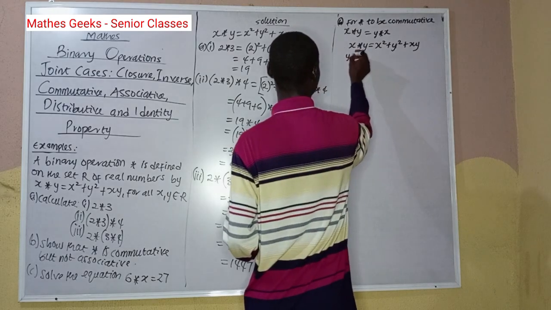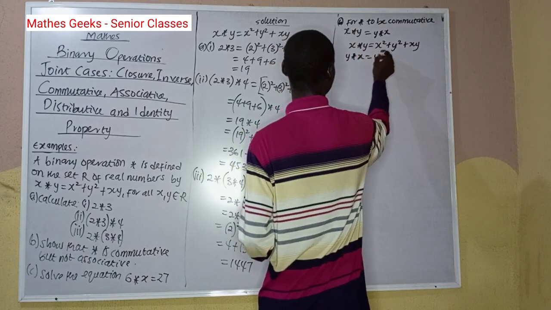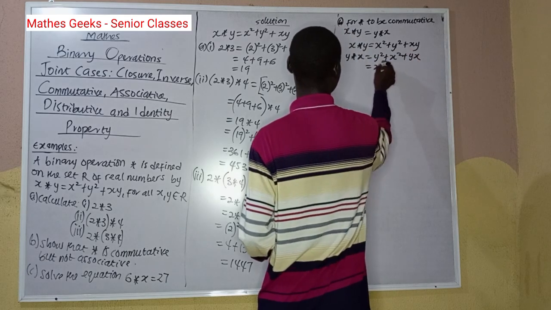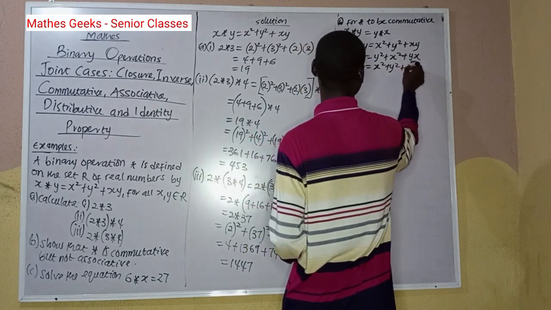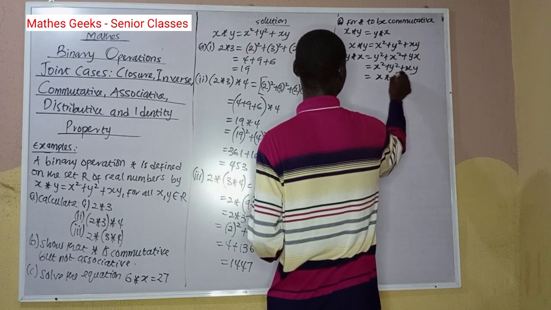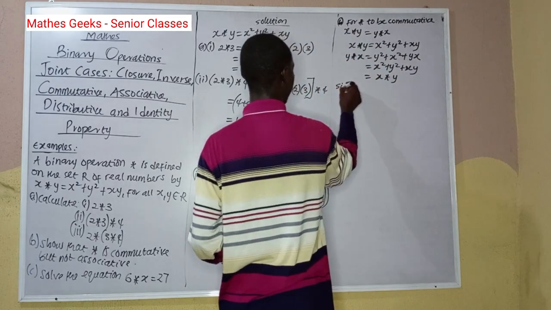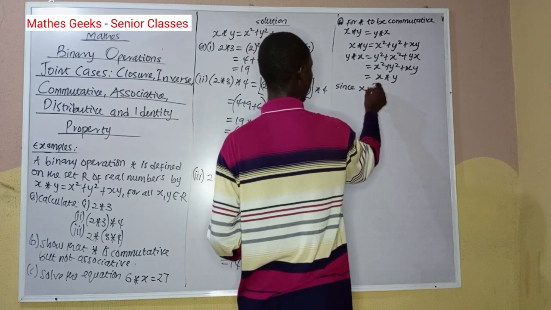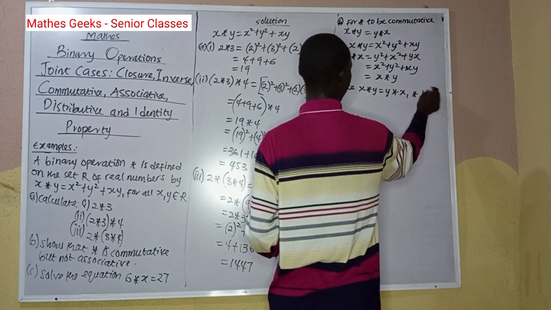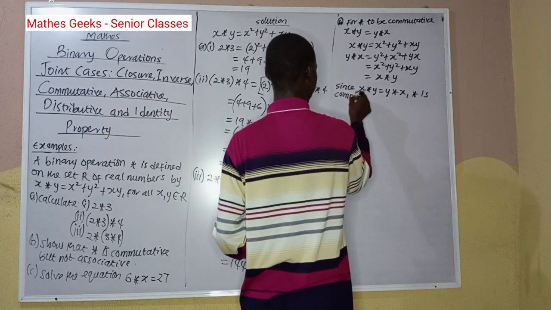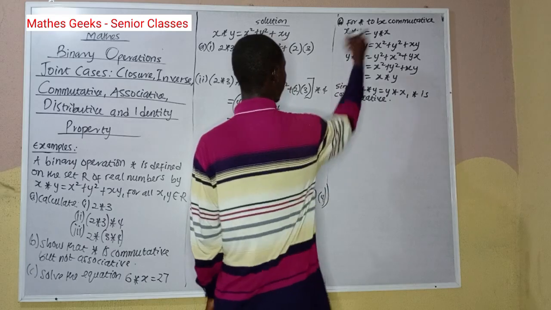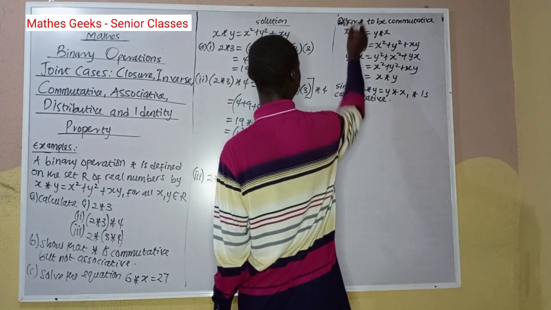And y operation x is y squared plus x squared plus yx, which is equal to x squared plus y squared plus xy, which is equal to x operation y. Since x operation y is equal to y operation x, star is commutative. Star is commutative. So let's call this I.